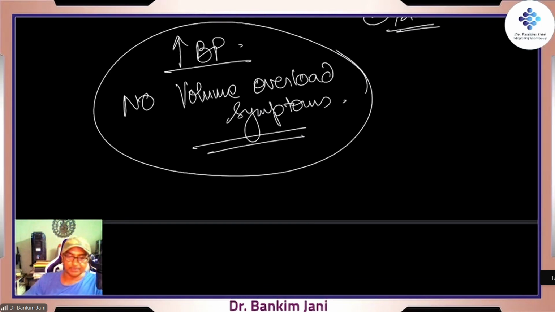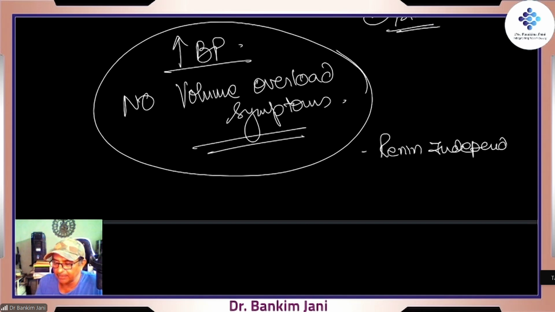So in such cases, no doubt, you need to investigate for renin also, that is the renin level. But when you know that this aldosterone rise is renin independent, that is the diagnostic point. Aldosterone has increased, renin independent aldosterone.